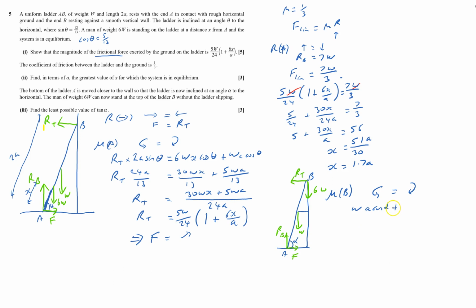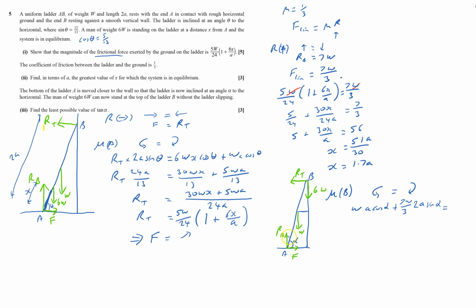So F is 7W over 3. So 7W over 3 times by this distance here, which is 2A, and it's 2A sine alpha.